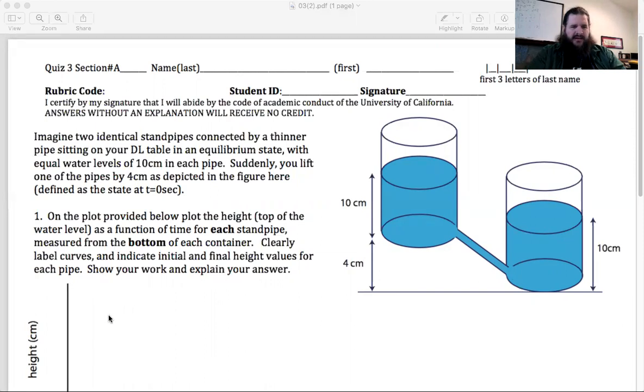So if we take a look at the heights here, this one has to be decreasing by some amount and this one increasing by the same amount, so they reach the same absolute altitude. If this water level goes down by some amount and this water level goes up by the same amount so that they reach the same level, what decrease and what increase would make them reach the same level?